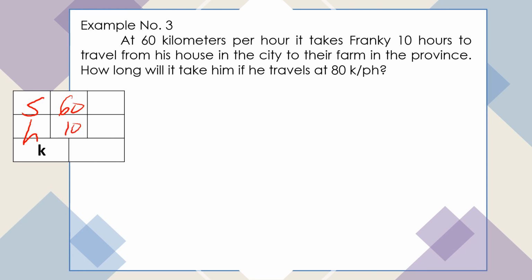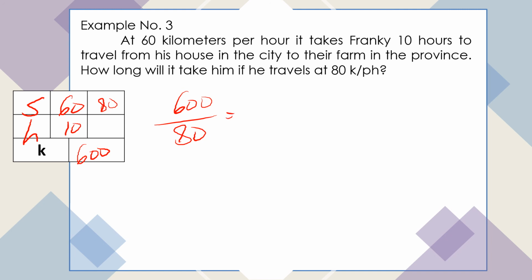Okay, kapag daw ganyan, ang technique dyan, i-times, gamitin natin muna yung technique. 60 times 10 is 600. Then, how long will it take him if he travels 80 kilometers per hour? Saka mo siya i-divide. 600 divide 80.